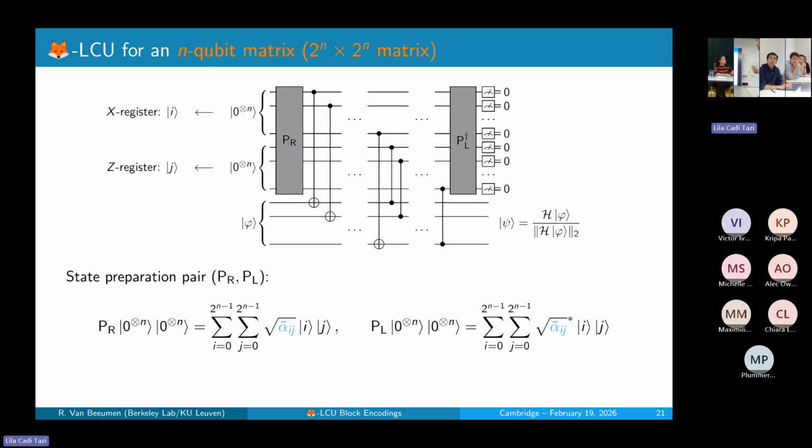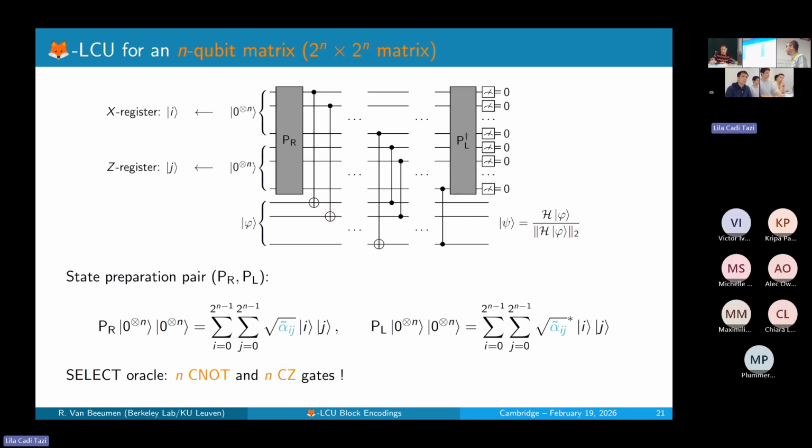So, of course, we need the state preparation pair PR and PL, which is here the general expression. And of course, we still have to come to how we efficiently decompose these. But for now, we got rid of all the multi-controlled gates in the select of the LCU. And we only have CNOTs and CZ gates, but all these CNOTs and CZs can be performed in parallel. So if we look at only the select oracle, the circuit depth there is 2 CNOTs or 2 CZs, whatever, but 2 entangling 2-qubit gates.